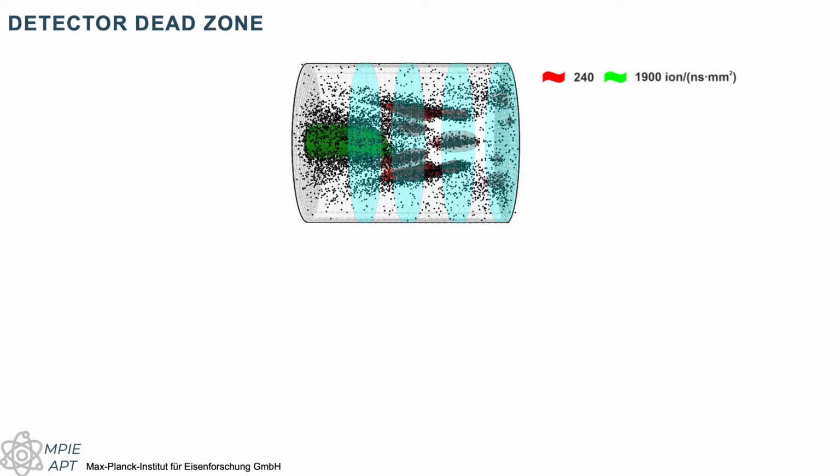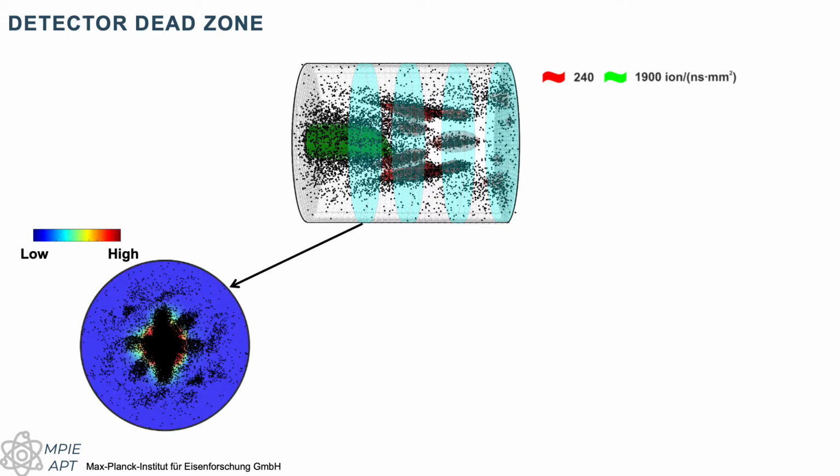Now, if we look specifically at the ions coming in short proximity in time and look where they are located on the detector, we find a pattern that initially was rather puzzling, but it forms a pattern of a cross with an additional line at 45 degrees.